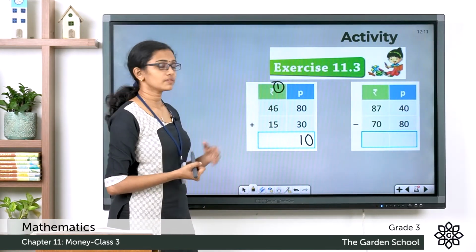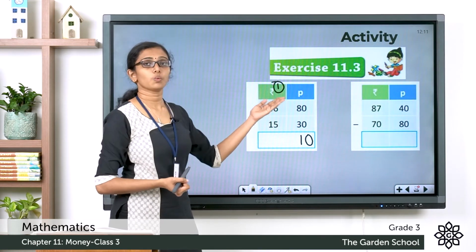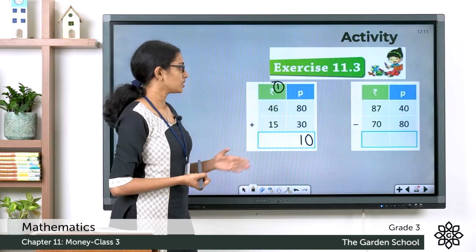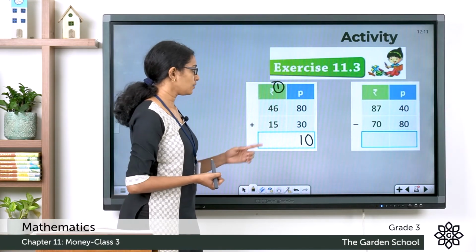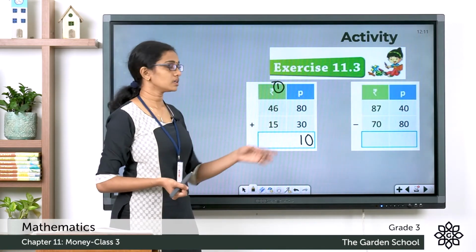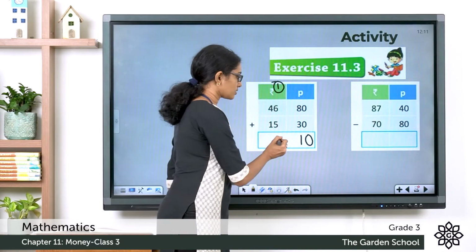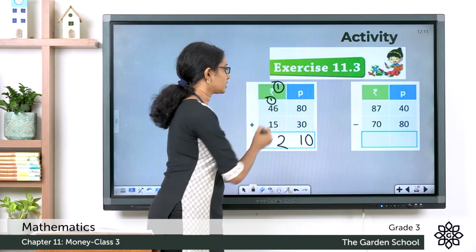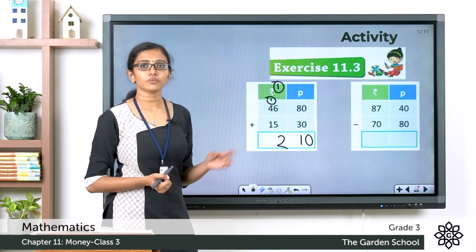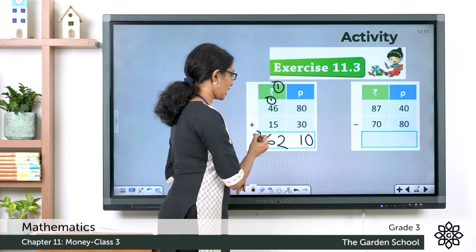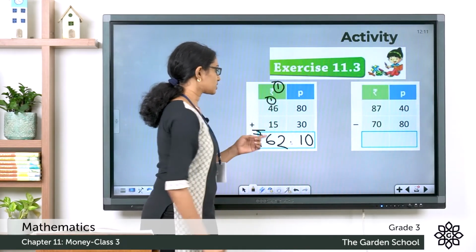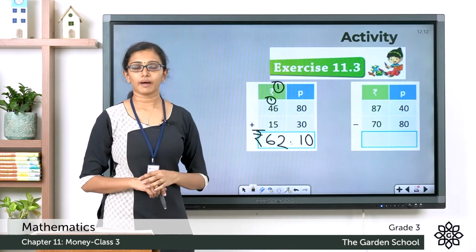So right now we have carried over 100 paise or 1 rupee to the rupee column. So here in the paise column we have 10 paise. In the rupee column we have 6 plus 5, 11 plus 1 rupee. That is equal to 12. Then 4 plus 1, 5 plus 1, 6. So what is the total? Here we have a total of 62 rupees 10 paise.